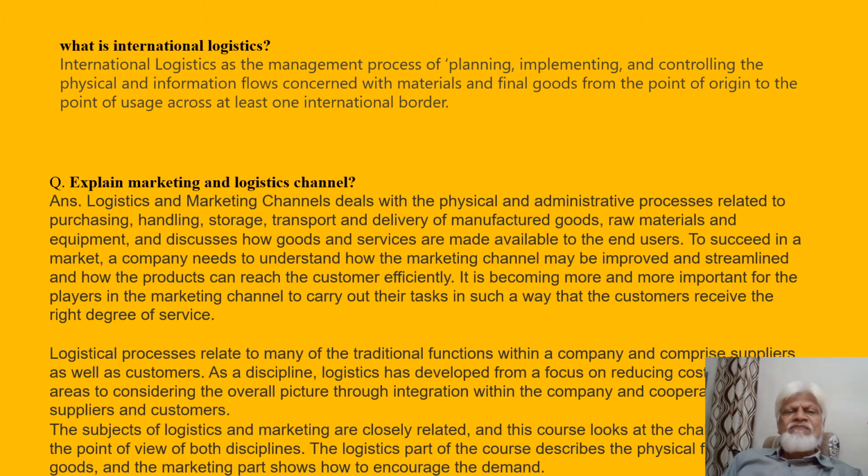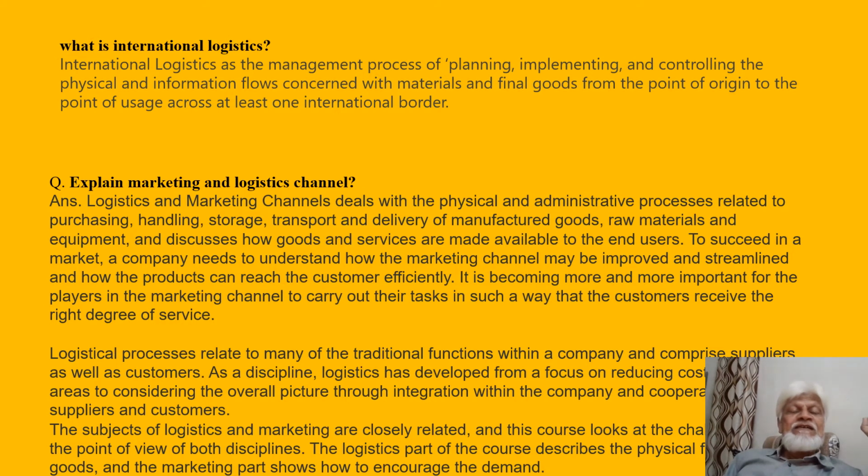So explaining the marketing channels. The logistic channel marketing deals with physical and administrative procedures related to purchasing, handling, storage, like I have earlier spoken about the equipment and all.